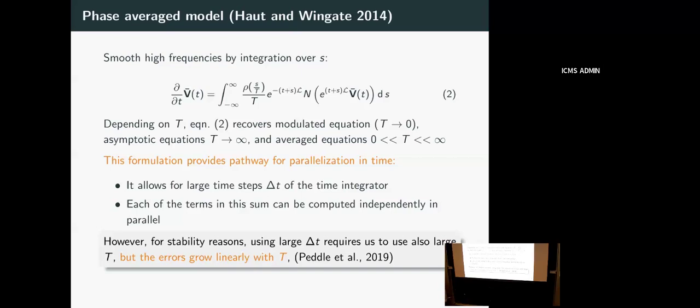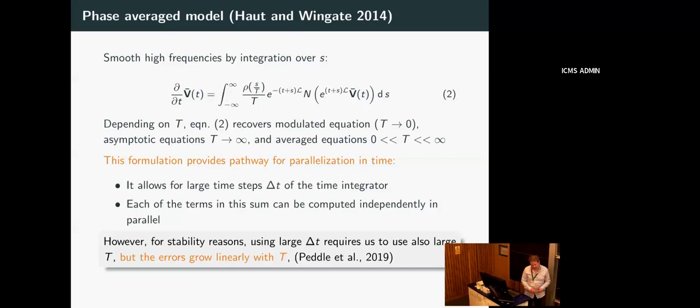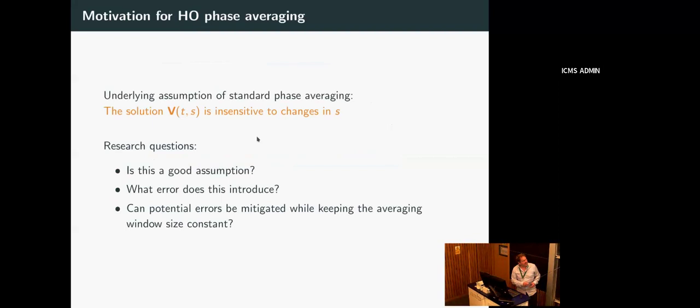And here the higher order phase averaging comes into play. Because what is the underlying assumption of this higher order phase averaging? The assumption is that within this averaging window, we assume that the solution is independent of the phase. We average over it, right?